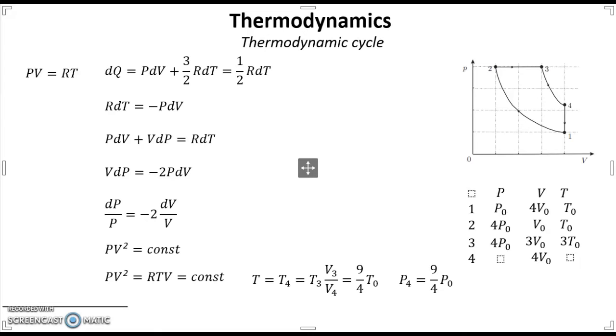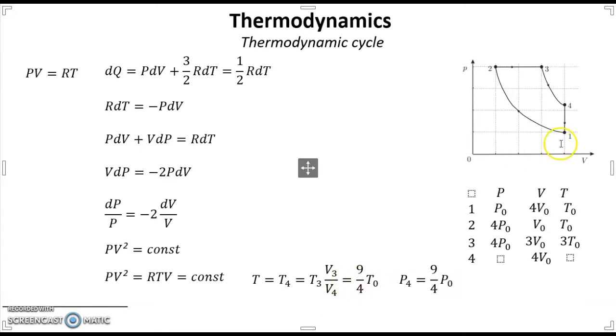Now, from this formula, we can find T in point 4. That will be T3 multiplied by V3 over V4, which is 3T0 multiplied by 3 over 4, which is 9 over 4 T0.